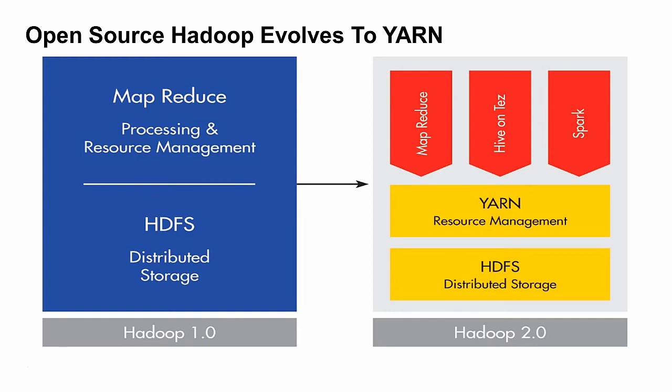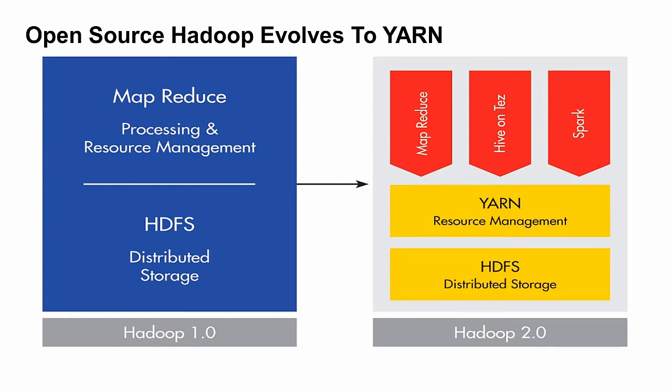So you've got multiple programming frameworks that can leverage your Hadoop cluster for distributed processing, just because of the ability of Yarn to manage the resources on that Hadoop cluster.